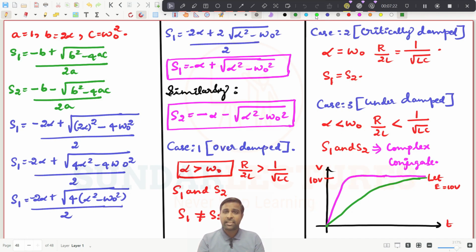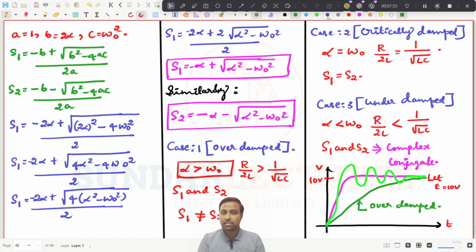And the other condition, what will happen? This value of E will be like this, and it will reach up like that. See, you try to understand one thing. These are the 3 different conditions. If it takes a longer time to reach the value of 10, where this is the capacitor voltage and this is the input voltage E, then this will be the overdamped condition.